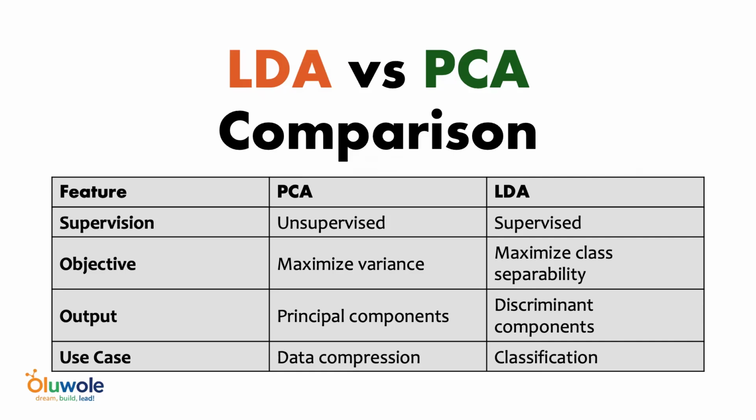Then what is our output? This one gives us principal components. The other one gives us what? Discriminant components. Then what's the use case? PCA is good for data compression. LDA is good for data classification, sir. So we now classify data of similar features together.